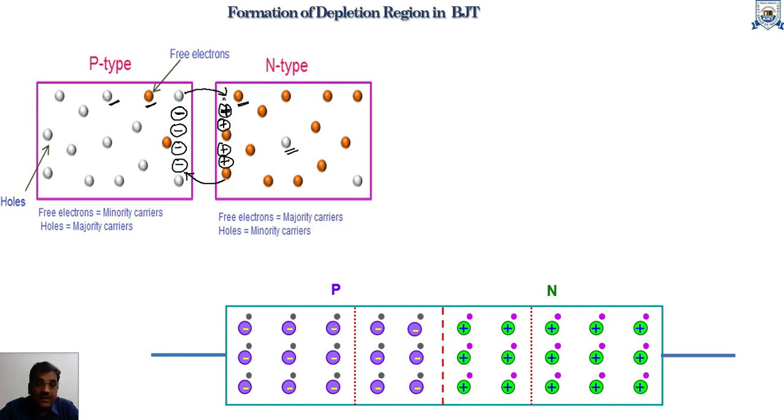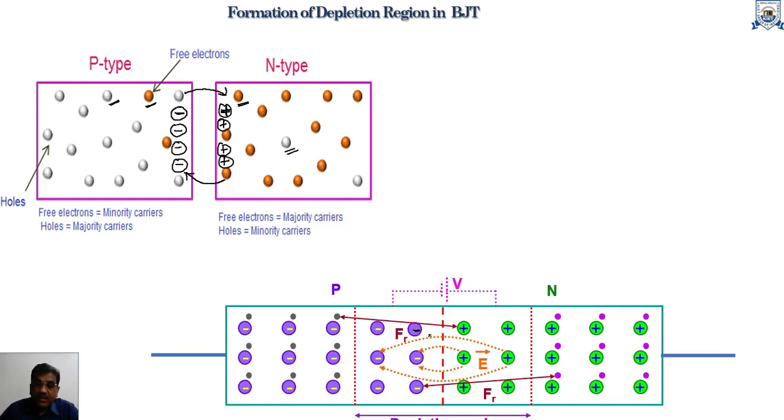This diffusion process exists for a very short period of time. From the figure you can see that around the junction only, negatively charged ions are present on the p side and positively charged immobile ions are present on the n side. This creates a barrier potential across the junction and restricts the movement of charge carriers, that is electrons and holes, from one region to another.